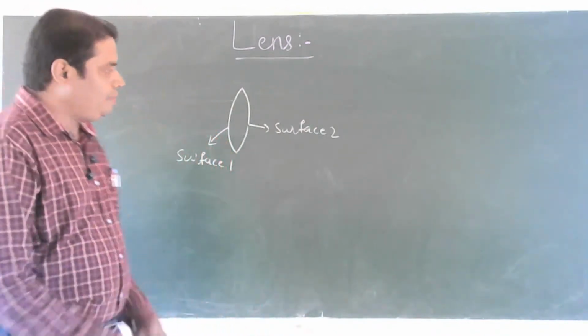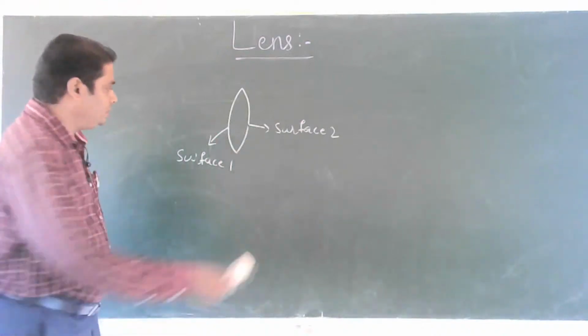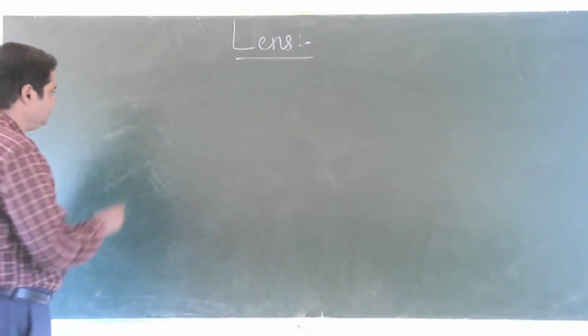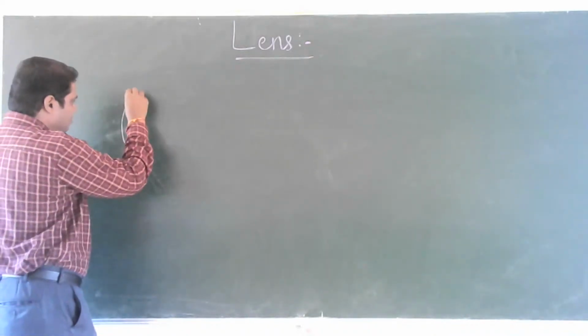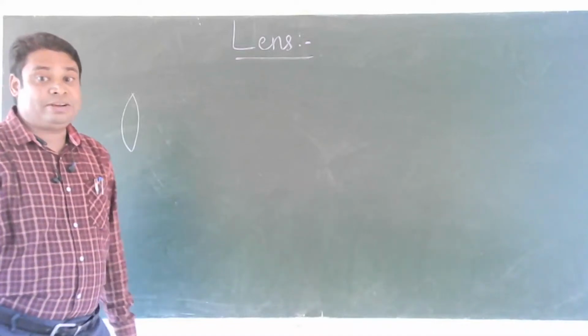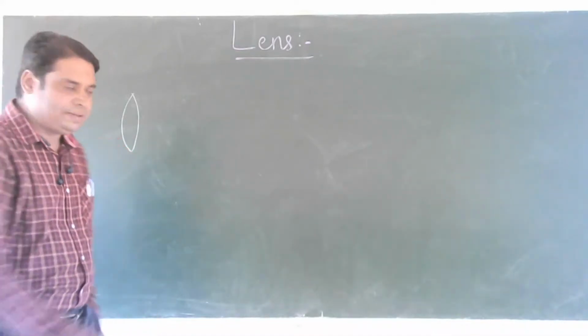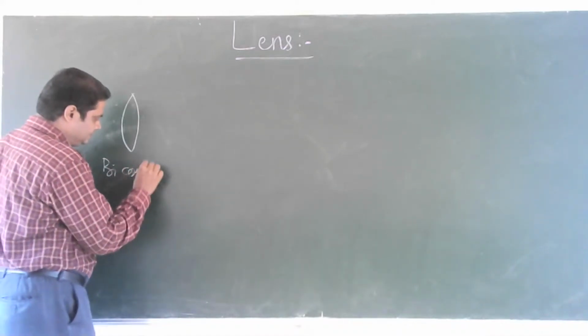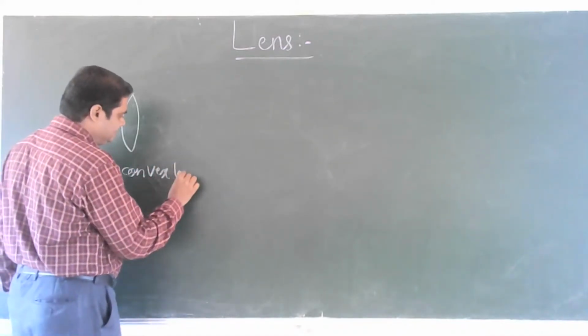Why? Because we have different kinds of lenses. Let me show you one by one. This lens is called a convex lens, biconvex lens. The best term is biconvex lens.